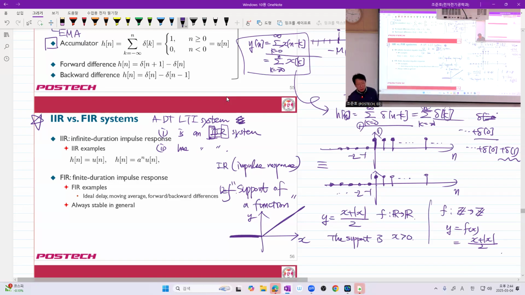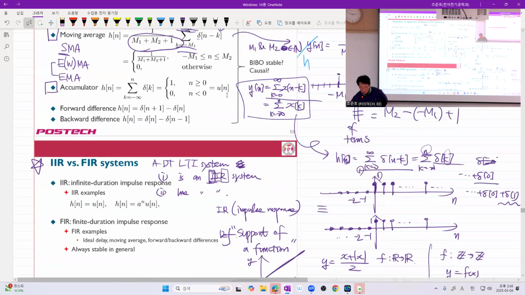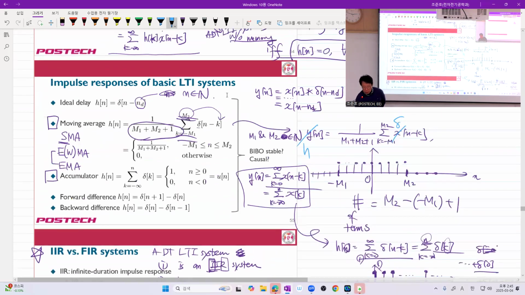What about this case? Now our function f is from Z to Z, and the relation is the same. Now what is the support of this function? The support is the positive integers, right? In the same way, now let's take a look at our impulse response, for example this one.